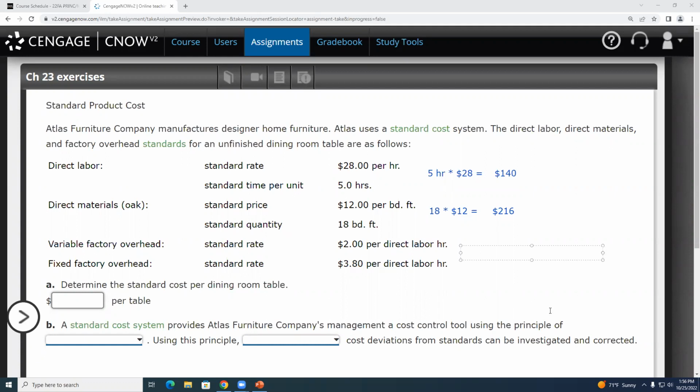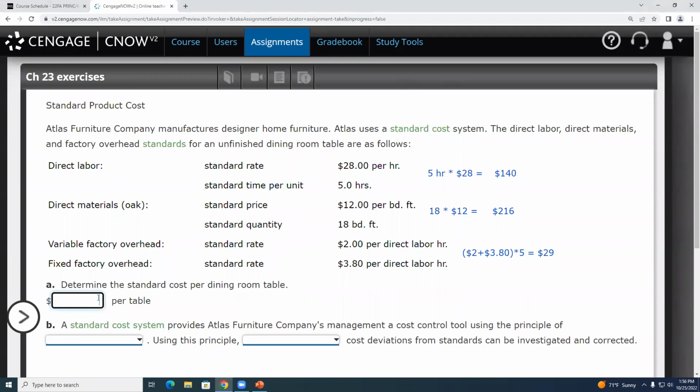And so I'm just going to combine the $2 and $3.80 per direct labor hour. So $5.80 of factory overhead per direct labor hour times the 5 direct labor hours contributes $29 to the cost of the unfinished table.